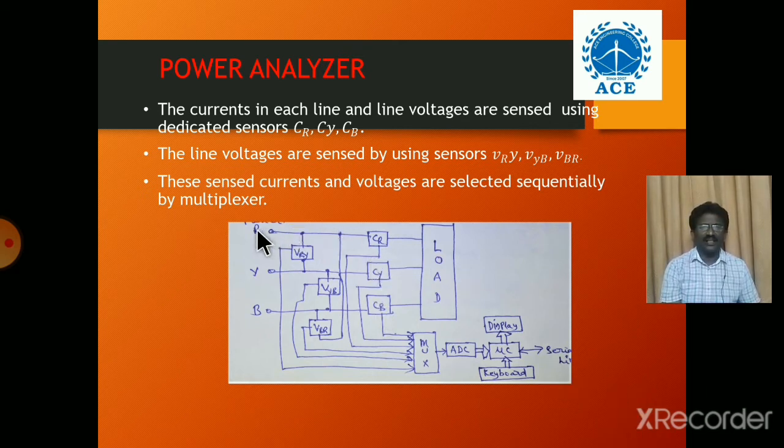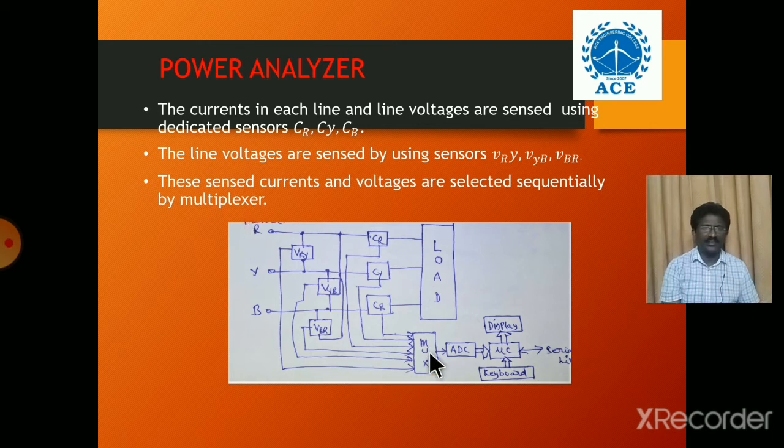So we can observe here R, Y, B, these are the power supplies, and we have some voltage monitoring values and current monitoring values. So here the sensed currents and voltages are selected sequentially by the multiplexer.